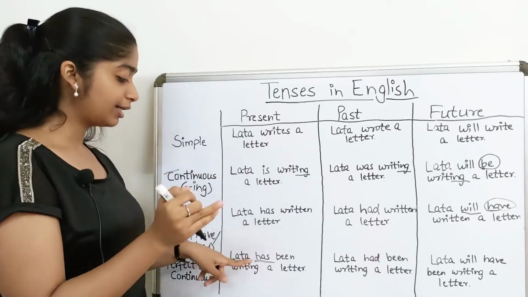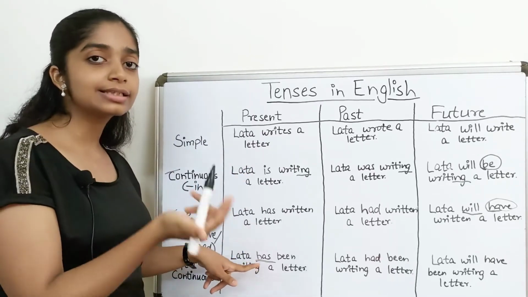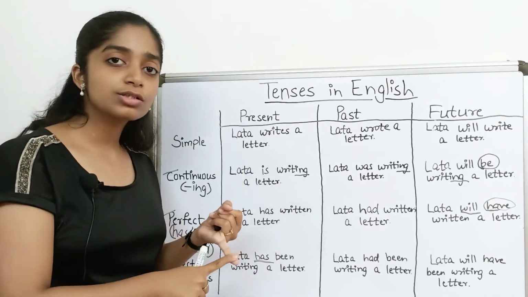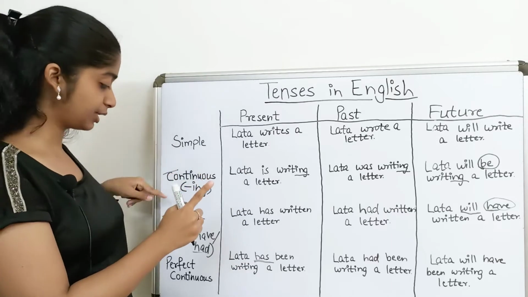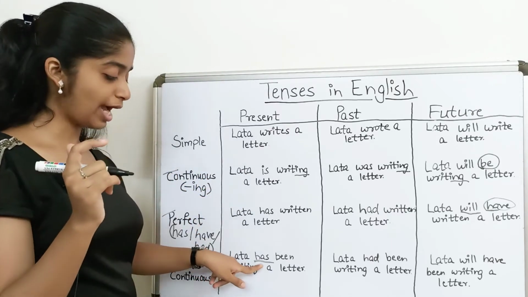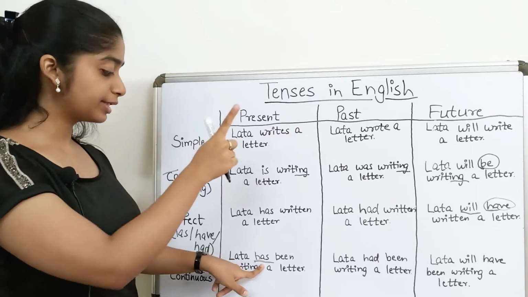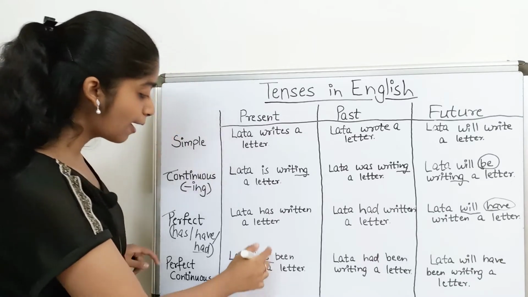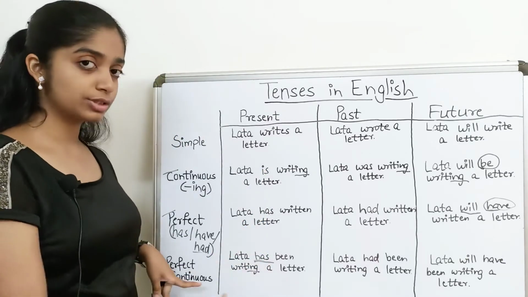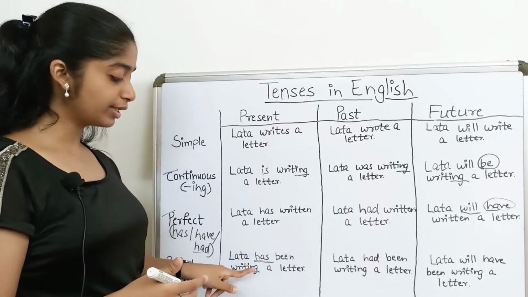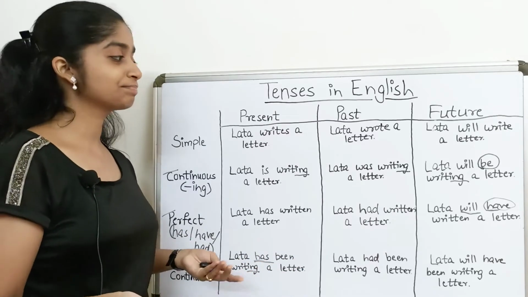And because the word has is used, we recognize that it is the present tense, and also it is the perfect tense because perfect uses has, have and had. So has will be present and perfect, and with ing we recognize that it is present perfect continuous tense. In the same sentence we find perfect and continuous both.